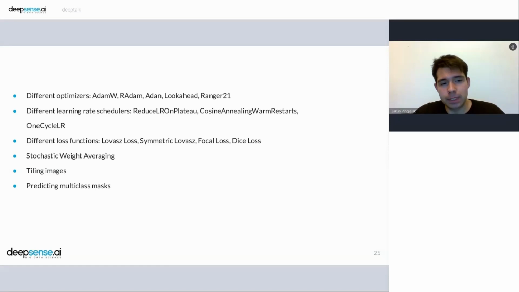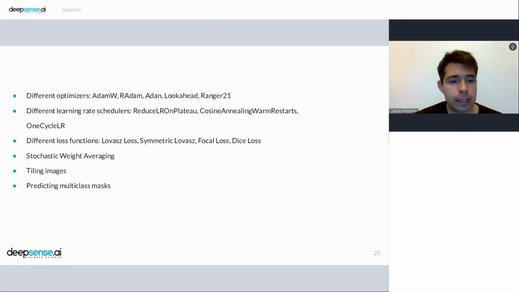It sometimes helped, sometimes not. So I didn't use it finally in my ensemble. And since the images provided were quite large, I also tried tiling those images, so creating a grid of smaller images out of those huge images and training my model on those smaller images. That also did not improve my model performance.